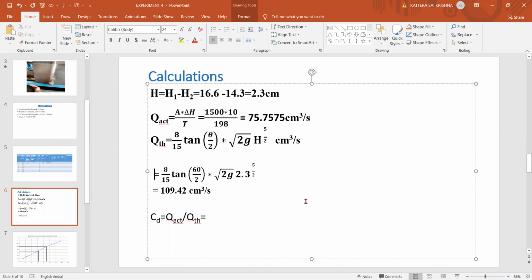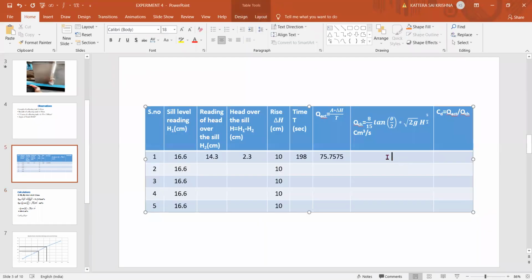Anyway, I am solving your first reading here. Any change in this value? 109.42. No, sir. Okay. So 109.42 is your Q theoretical value. So here I will write 109.42.